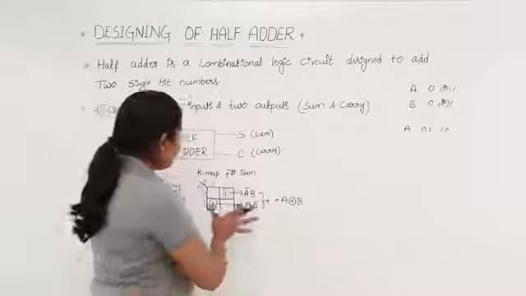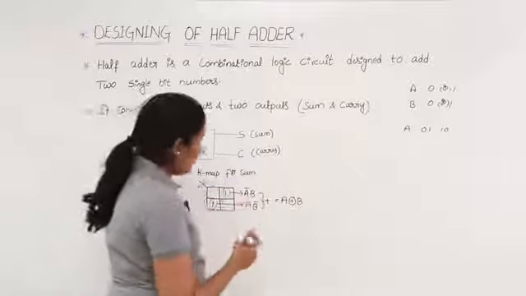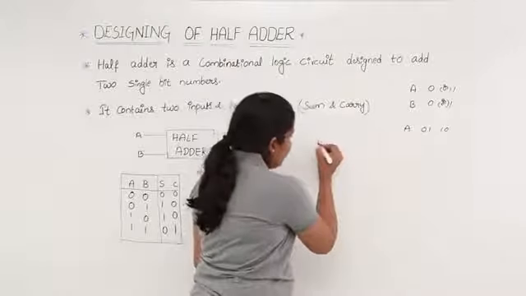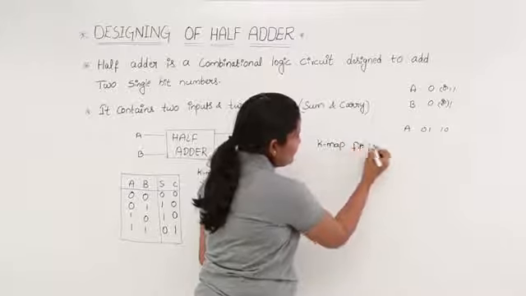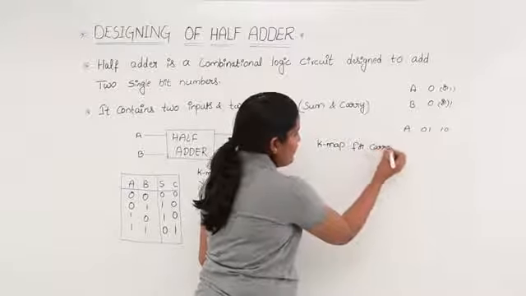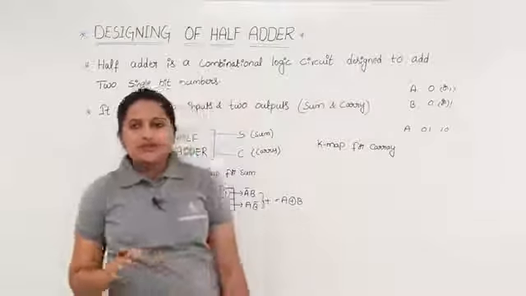So now you got the expression for sum. In the same way I am going to get the K-map for carry. See the truth table here.